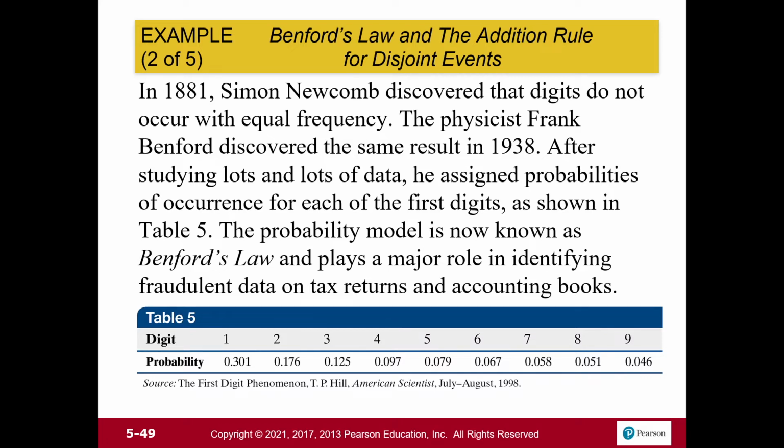The physicist Frank discovered the same result in 1938 after studying lots and lots of data. He assigned probabilities of occurrence for each of the first digits as shown in Table 5. The probability model is now known as Benford's law and plays a major role in identifying fraudulent data on tax returns and accounting books.